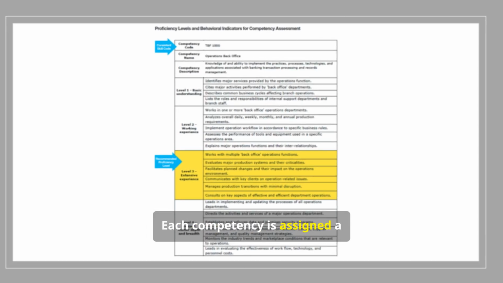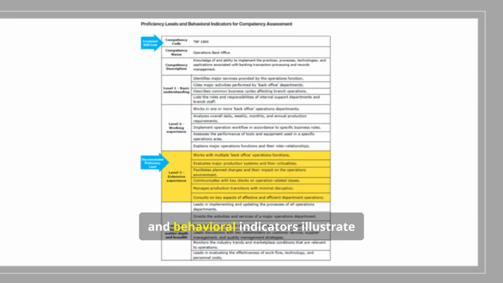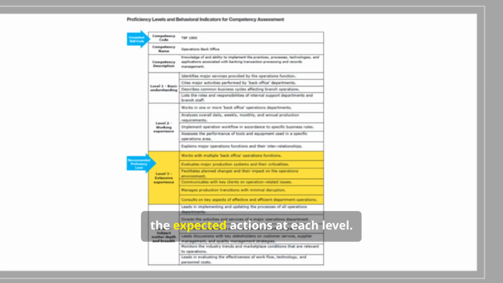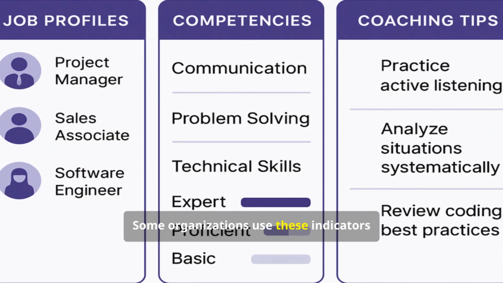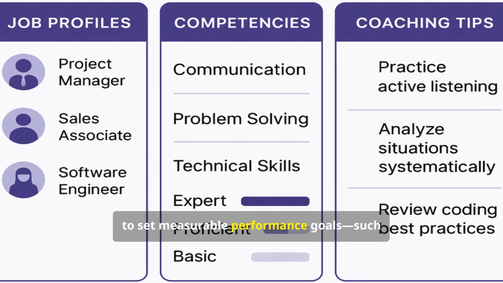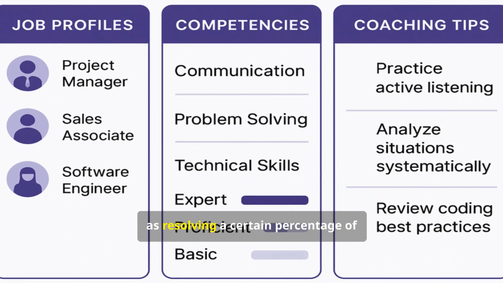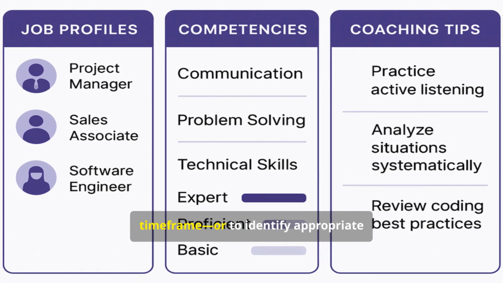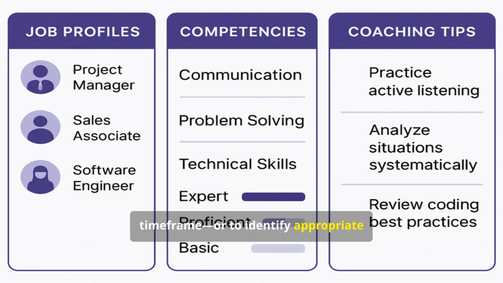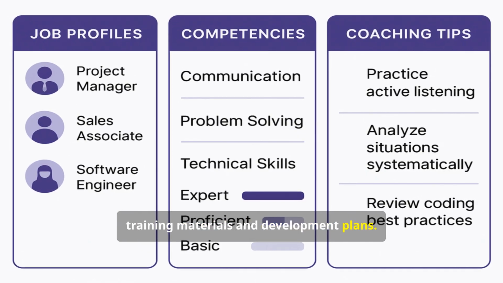Each competency is assigned a proficiency level, and behavioral indicators illustrate the expected actions at each level. Some organizations use these indicators to set measurable performance goals, such as resolving a certain percentage of operational issues within a defined time frame, or to identify appropriate training materials and development plans.